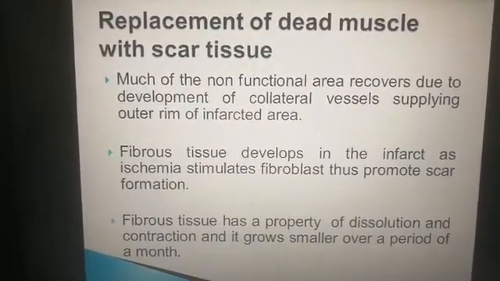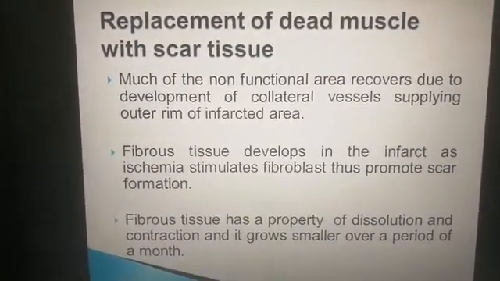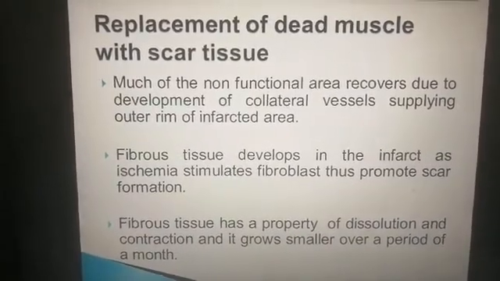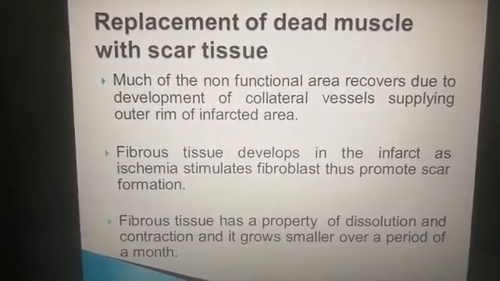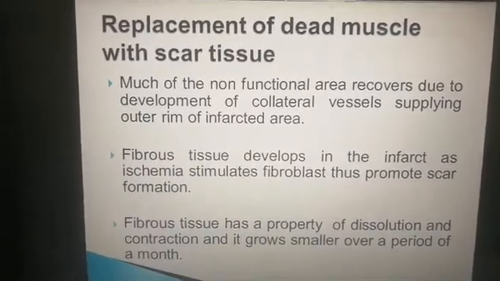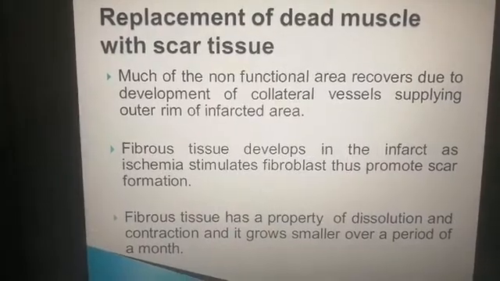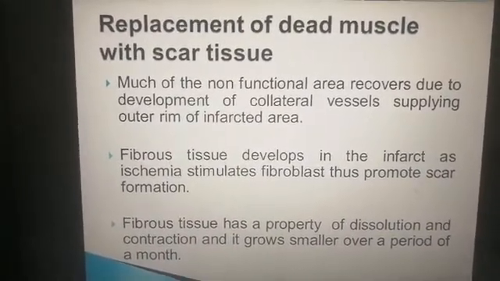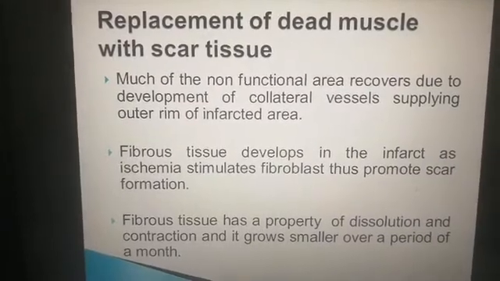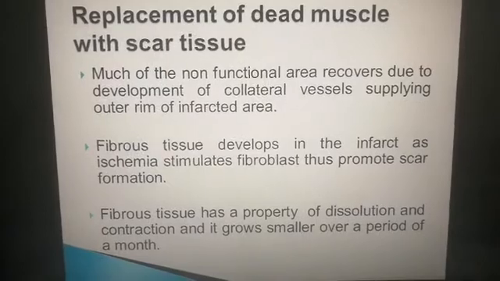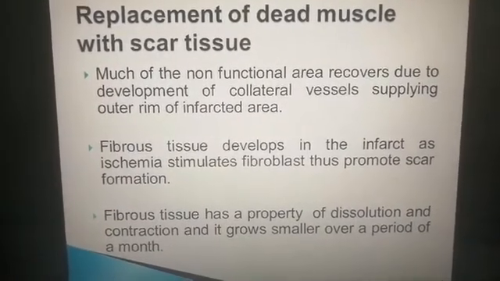And replacement of dead muscle with scar tissue: much of the non-functional area recovers due to development of collateral vessels supplying the outer rim of the infarcted area, and fibrous tissue develops in the infarct as ischemia stimulates fibroblasts, thus promoting scar formation. Fibrous tissue has a property of dissolution and contraction, and it grows smaller over a period of a month.